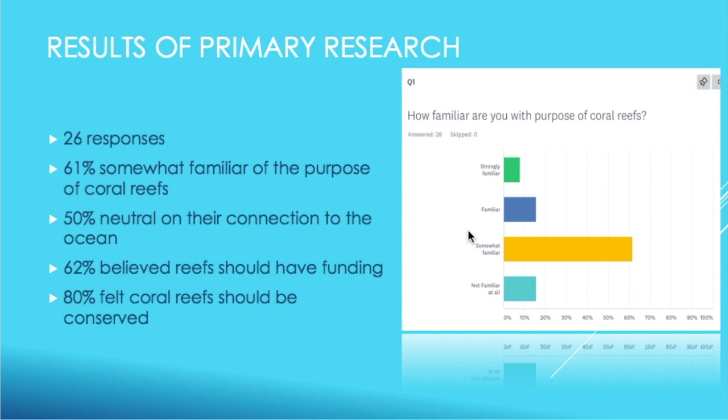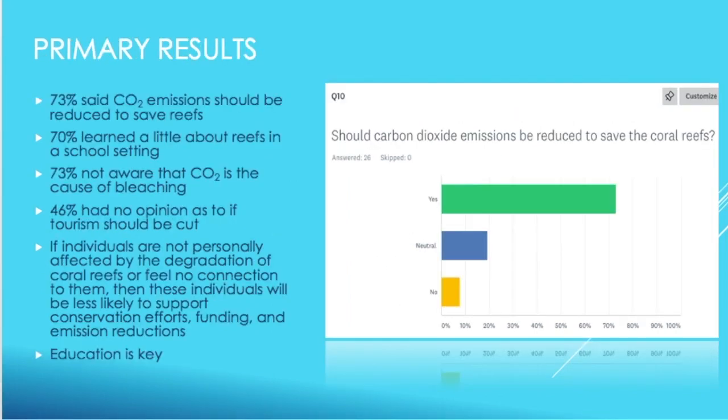62% believed the reefs should have funding in regards to conservation efforts, and 80% felt coral reefs should be conserved. So those countries that have coral reefs should be in charge of protecting them. I was pretty shocked that 73% of the people said that CO2 emissions should be reduced to save reefs.